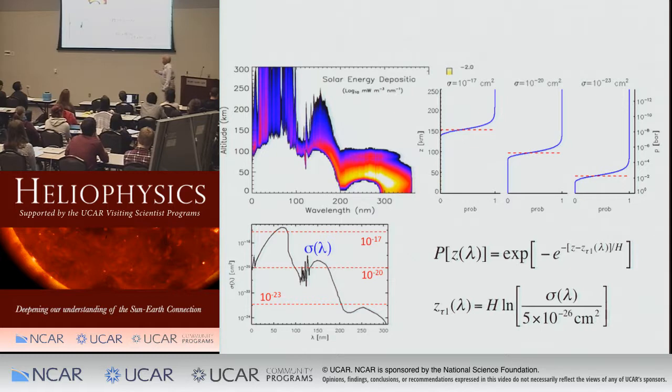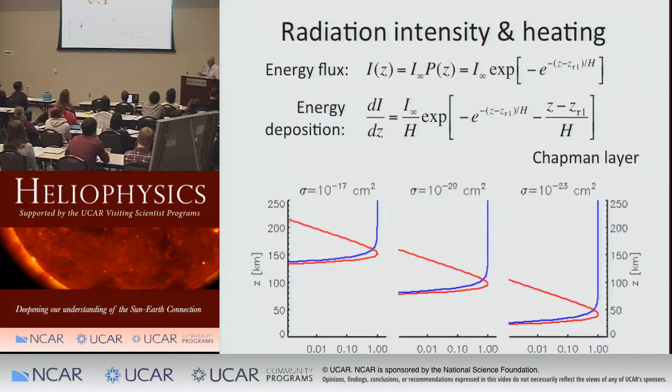And so our probability of surviving does exactly that, right? So we get absorbed at 150 kilometers if we're at this short wavelength, because our cross-section for absorption is 10 to the minus 16 centimeters squared. Okay, so it's all encoded in there. So far, so good. That's what happens to the photons.